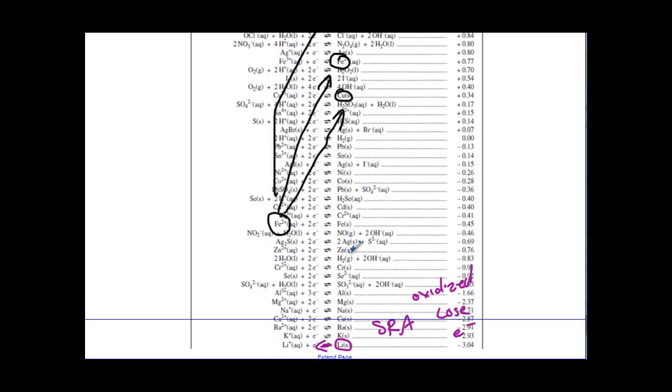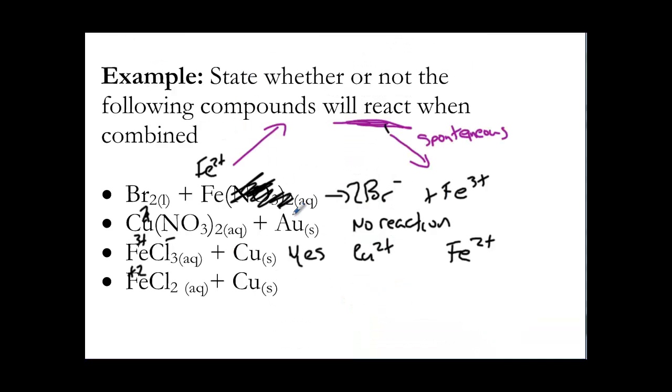This iron right here could win against zinc. So in terms of an analogy, this iron is like a 4th grader. This 4th grader cannot win a fight against a 7th grader, or an 8th grader, or a 9th grader. But this 4th grader could have beat a 1st grader or a 2nd grader down here. But according to what we have here, I would say there is no reaction.